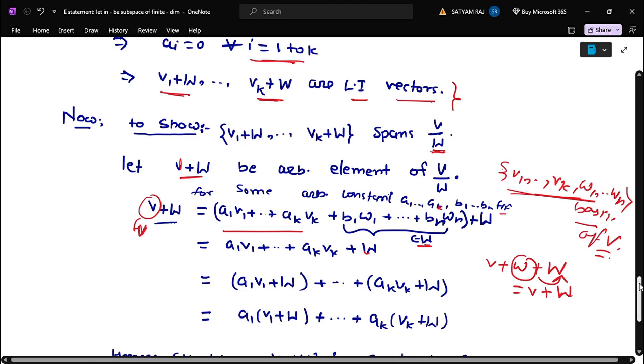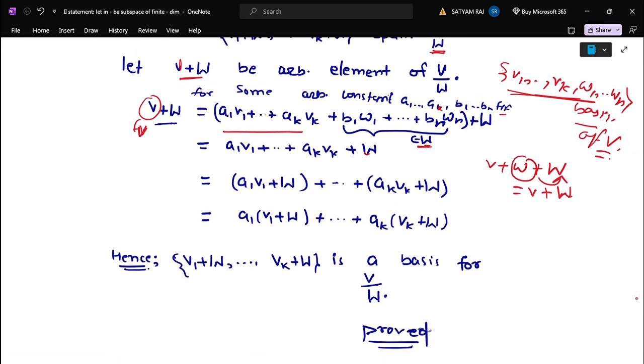Now we have left here a1v1 + ... + akvk + W. Now we can use the definition of plus and dot here. So we get a1(v1 + W) + ... + ak(vk + W), using the definition of the plus operation, and we use the definition of the dot operation to get a1·(v1 + W) + ... + ak·(vk + W).